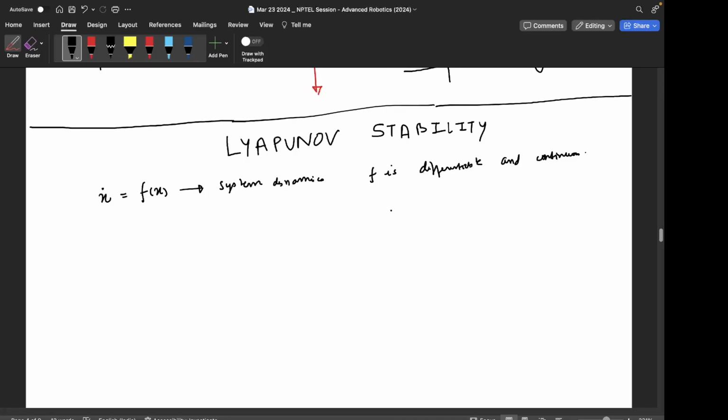Now in Lyapunov stability, let me motivate it like this: basically Lyapunov stability constructs a function called a Lyapunov function, which in some sense you can think of as resembling an energy function.